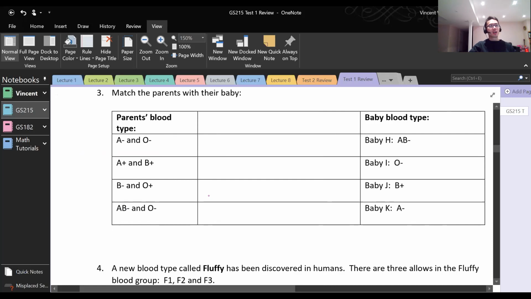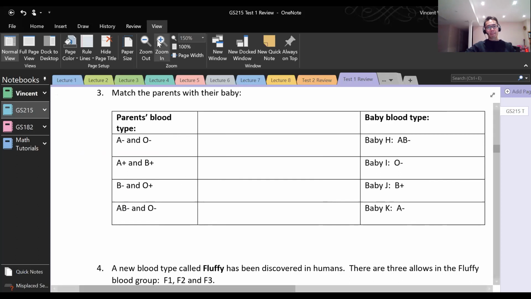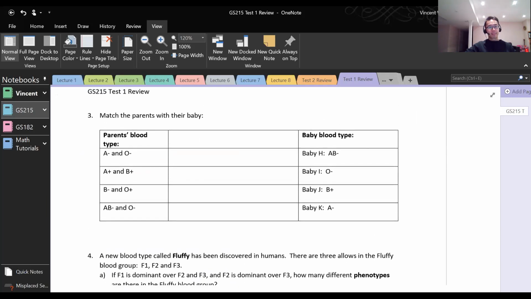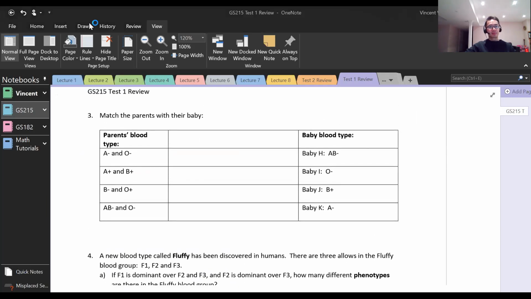Okay, for those of you who have not tried yet, I'm going to give you a few minutes to do this. There could be a matching question on the test that asks you to match the baby's blood. All right. So make sure you know how to do it. Okay, I'll give you a moment.